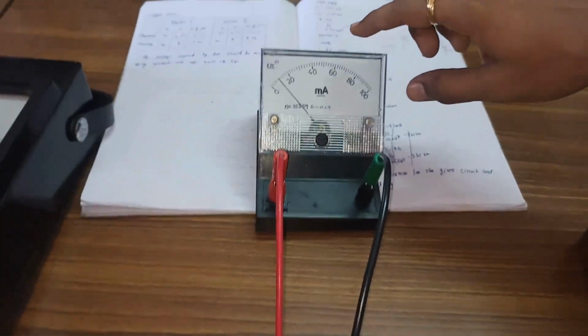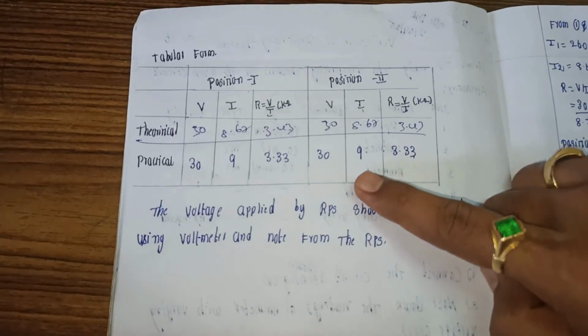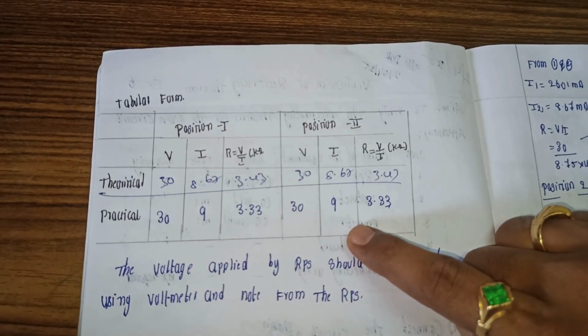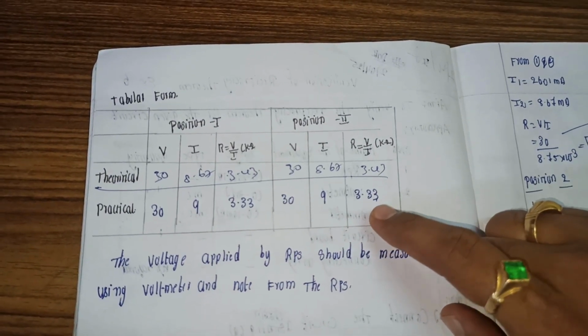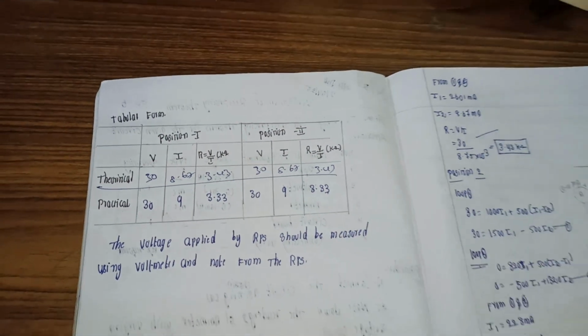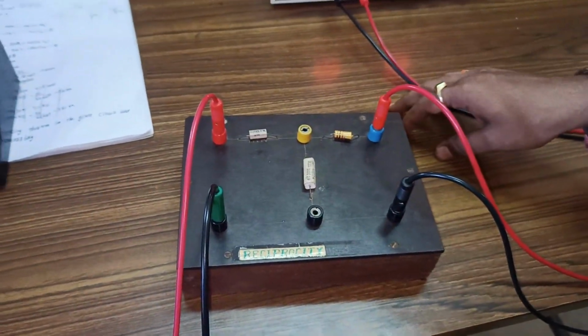Therefore the developed current is 9 milliamperes. Write down 9 milliamps. So in position 2, voltage applied is 30 and the developed current is 9 milliamps. Therefore 30 by 9 is 3.3, and with milli this goes up to 3.3 kilo ohms, the total resistance of this bridged T network.